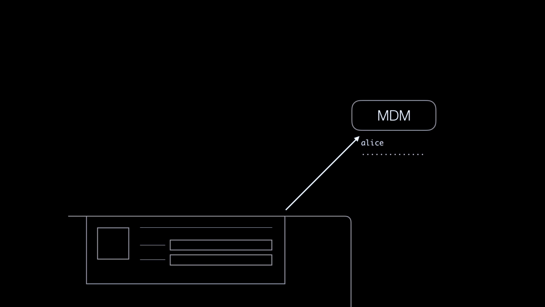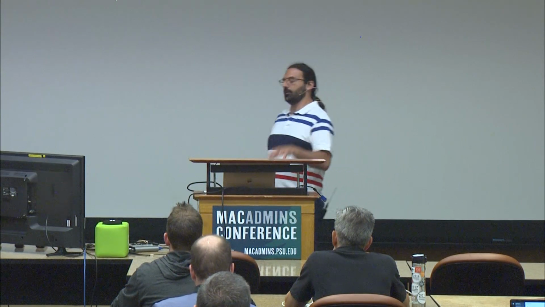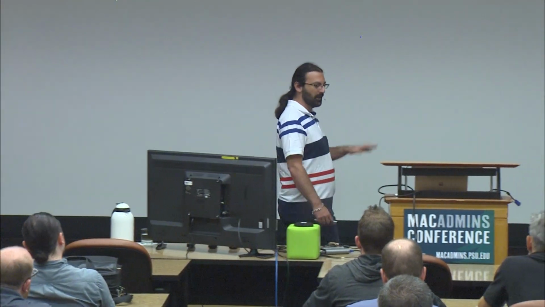And then the MDM will have to send this back to the directory service, both username and password, to authenticate the user. So that means SAML in this specific scenario at this current time of the year is absolutely not usable at all, because SAML requires a web-based interface to redirect the user to the identity provider login page. And here, Setup Assistant on both iOS and macOS is requesting username and password to send to the MDM. So this is not compatible at this time.